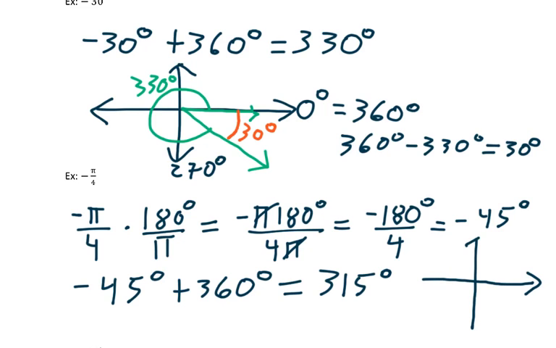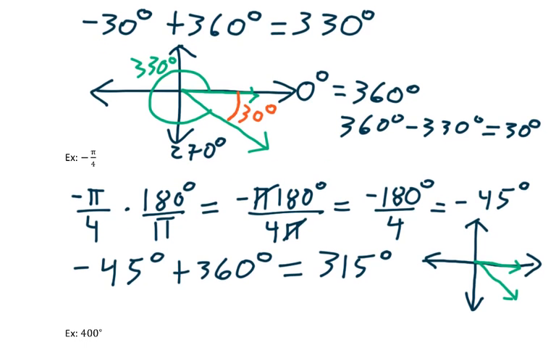I'm not sure if I do, but let me try drawing it. You might be able to see from the previous example, if we draw this in standard position, like so, 315, just like in the previous one, is going to be in quadrant 4. Just like in the previous one, 270 degrees was here, 360 degrees, which is coterminal with 0, is here.